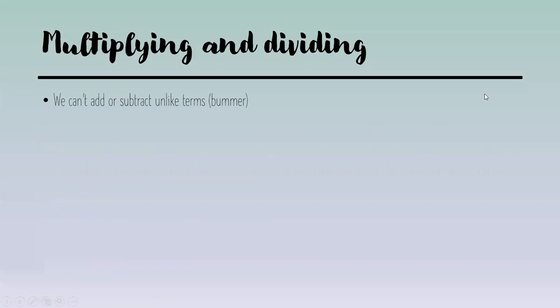Now, we can't add or subtract unlike terms. We can't add or subtract different place values. They have to be the same. You add and subtract the same place values. You add and subtract like terms, but multiplying and dividing is a completely different beast. Okay? Multiplying and dividing are groups.